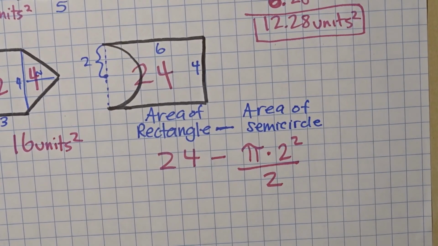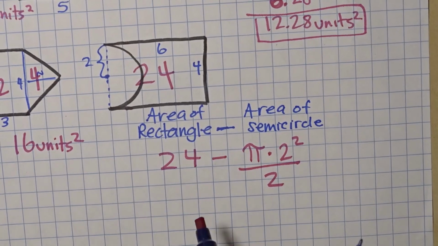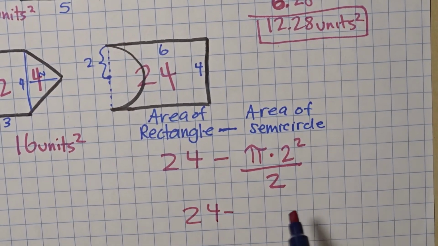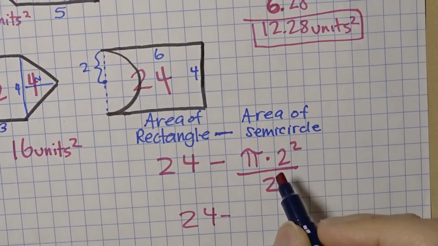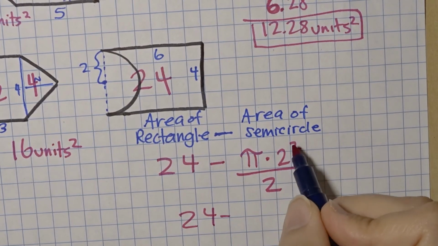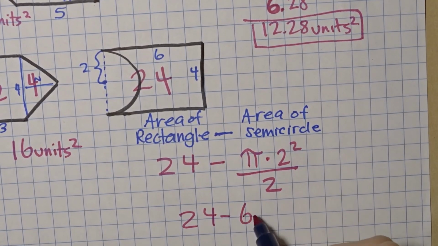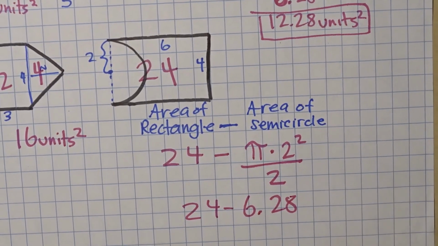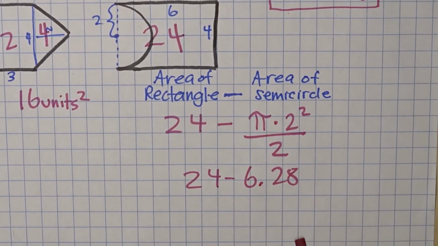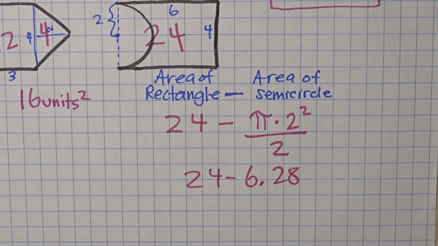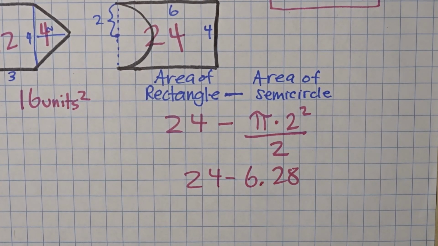So I'll have 24 minus 2 squared is 4, divided by 2 is 2, and 2 times pi is 6.28. So 24 take away 6.28 is 17.72.